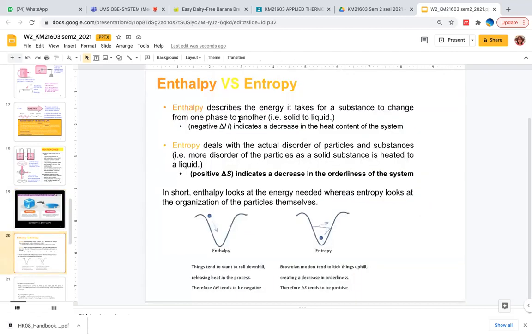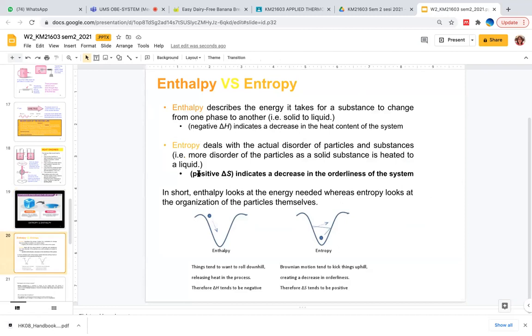Actually, enthalpy describes the energy it takes for a substance to change from one phase to another. If you have a negative change of enthalpy, it means your system is decreasing in heat content. Entropy deals with the disorder of the particles.